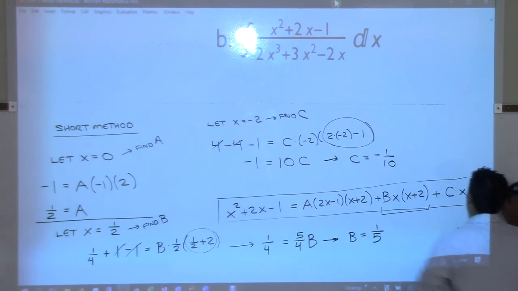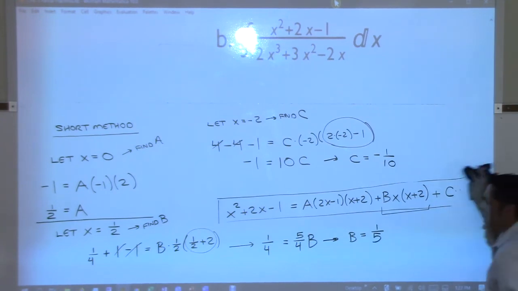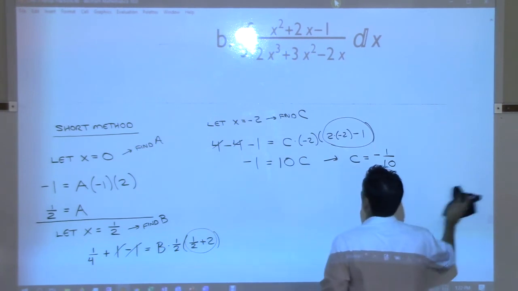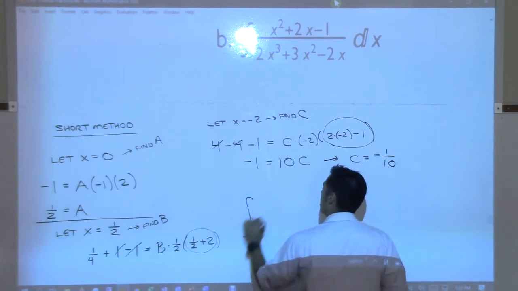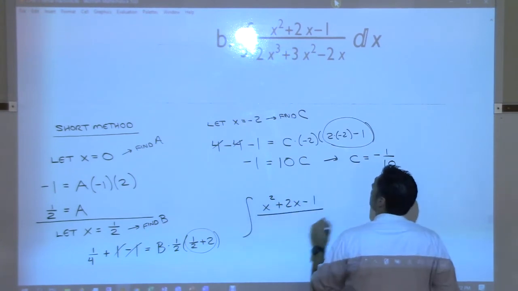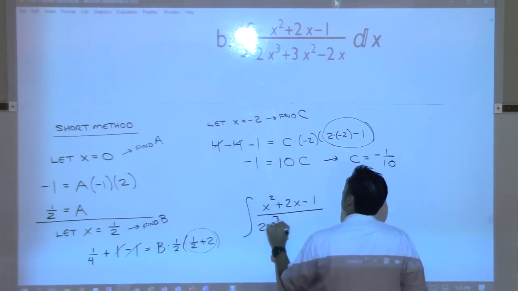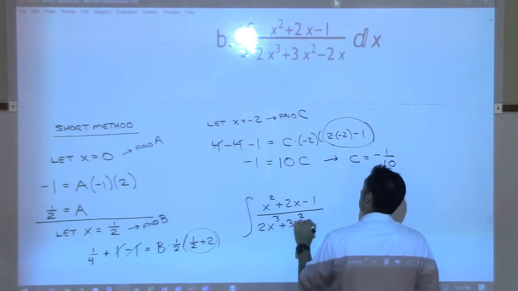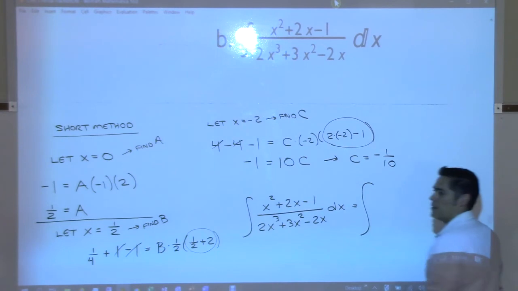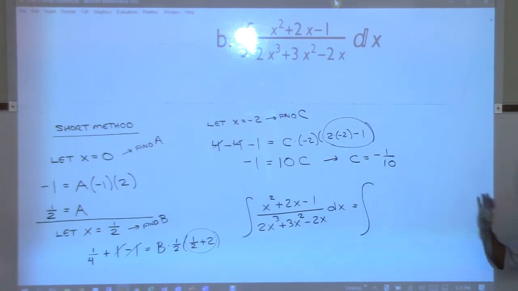All right, so let's summarize what we have so far. The original integral can now be rewritten with the information we just found about A, B, and C. So remember, look back in your notes.